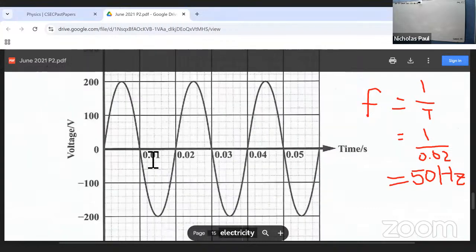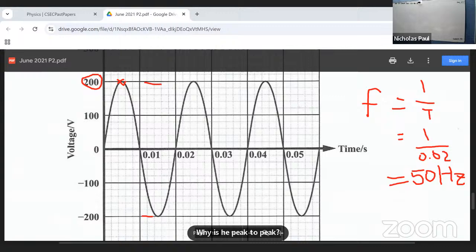Look at the graph. What is the peak value of the graph? The peak value is the highest value, right? So the peak value is 200. I don't know if you all remember this. What is the peak to peak value?